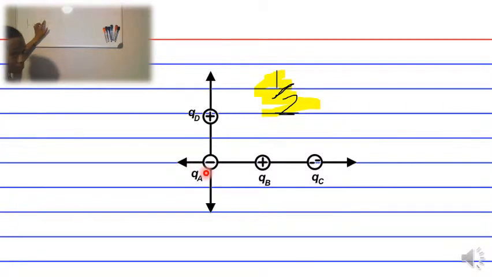And then QC has a charge of -2, but we'll just consider the magnitude. And if we consider the distance from A to B as 1 unit, then the distance from A to C is 2 units. So the radius is going to be 2 squared.